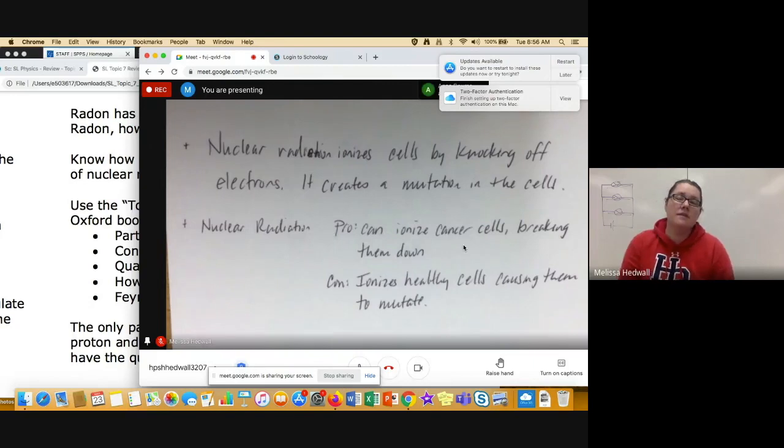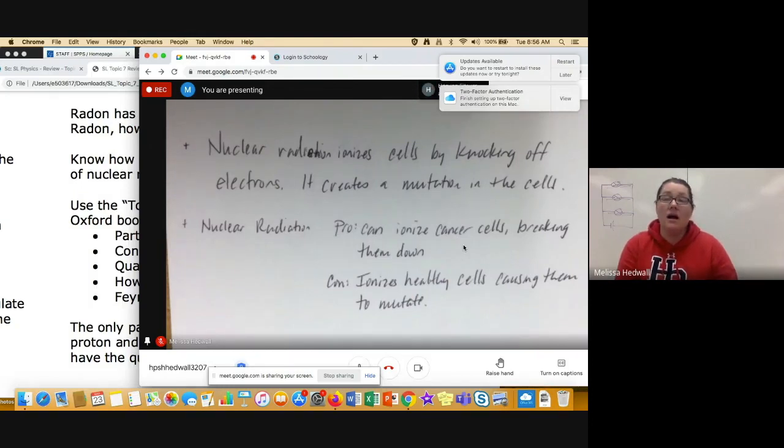For the cons, if it's healthy cells, it causes those to mutate and can cause issues in that way. So when we're talking about nuclear radiation, other pros and cons, nuclear radiation can be used obviously for medical work, and it can help get rid of things that shouldn't be there within bodies.